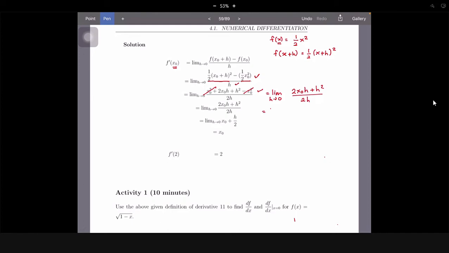Okay, so what's next? Dia keluarkan h, 2x naught plus h, 2h cancel out this two. Okay, so tinggallah h over 2 times 2x naught plus h. Kat sini yang berlaku limit h equals to 0. So h equals to 0, kita dapat 0, so you akan dapat 2x naught.